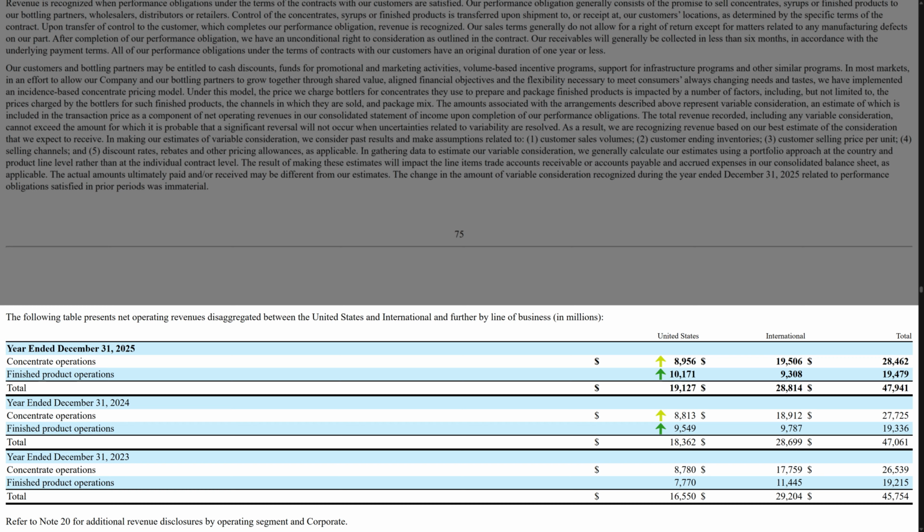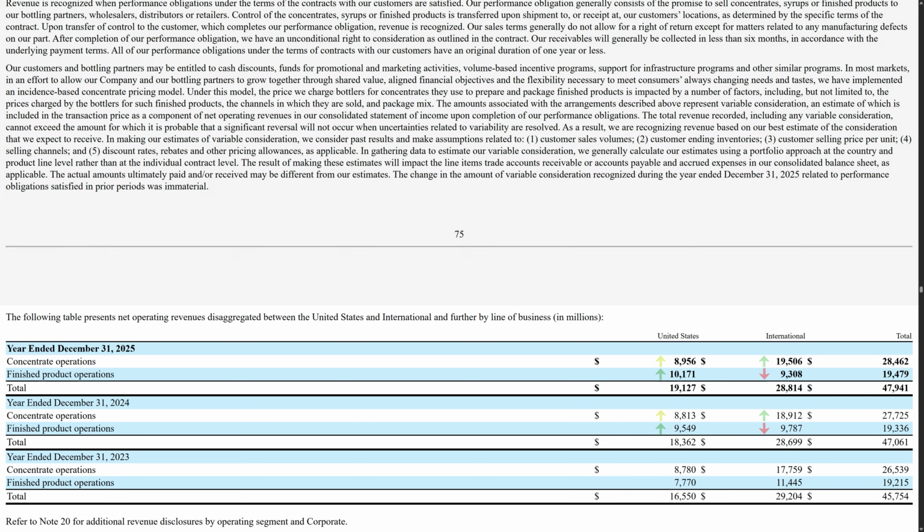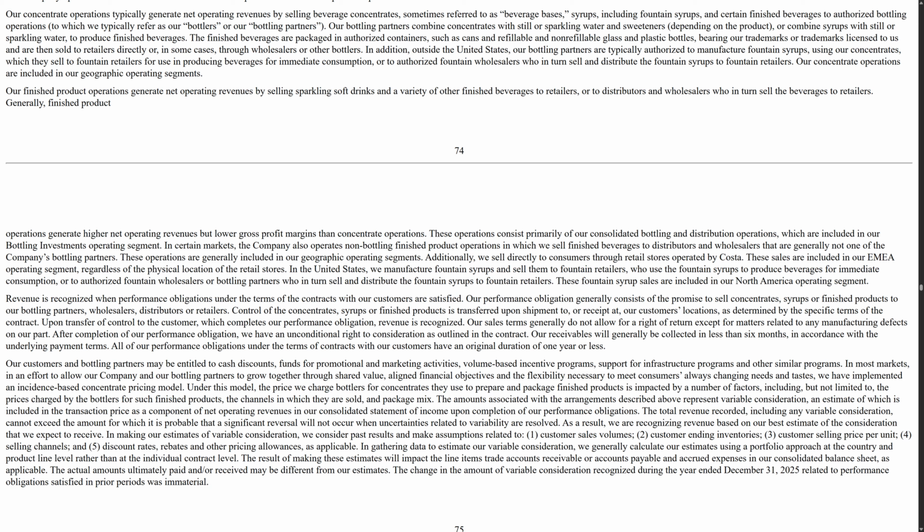But internationally, it's the exact opposite. Finished product revenue has actually gone down in each of the last 2 years, while concentrate operations has grown significantly. And that's probably good for investors, as they state above that while finished product operations typically have higher net operating revenues, they have a lower gross profit margin than concentrate operations.